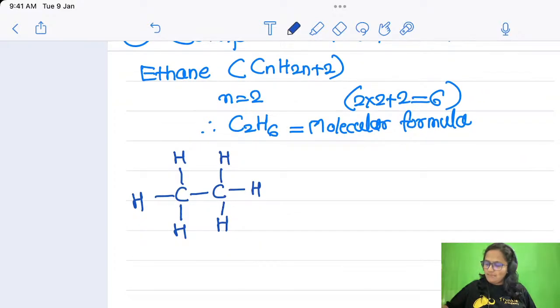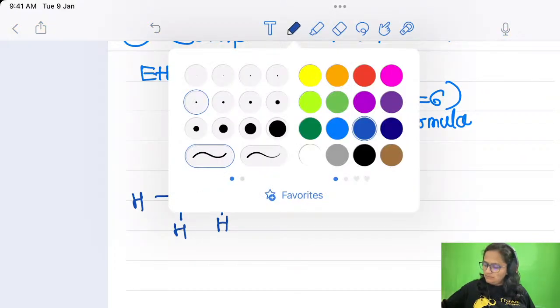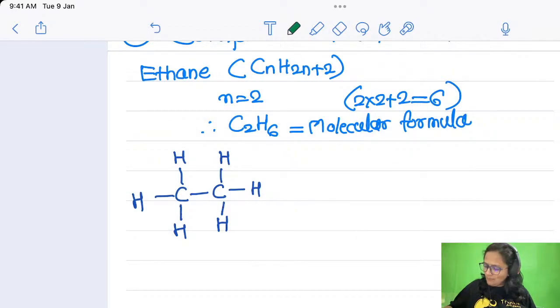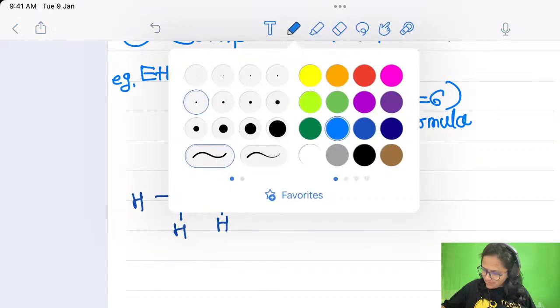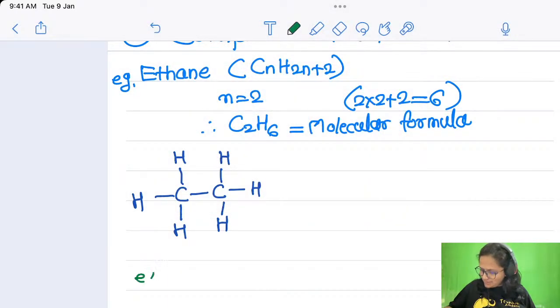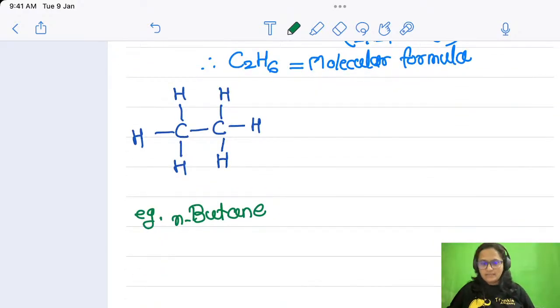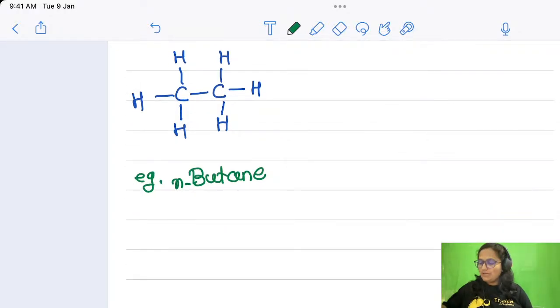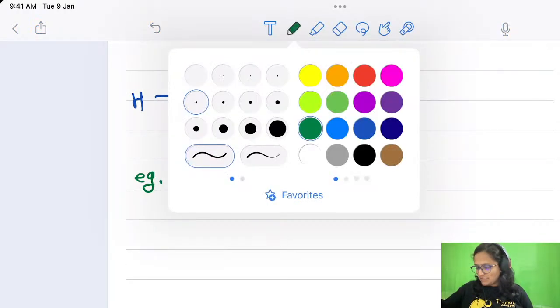So this will be the complete structural formula for ethane. Now the next example after ethane is butane, N-butane. N stands for a straight chain butane, with no branching present in it.